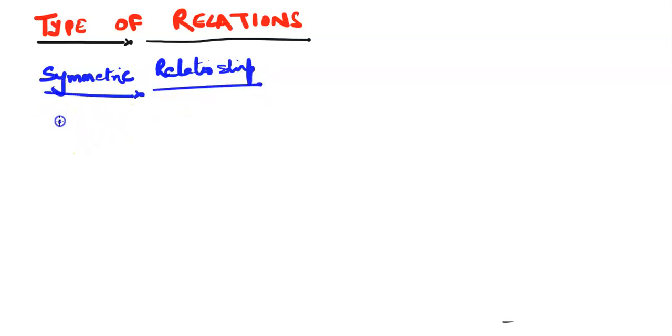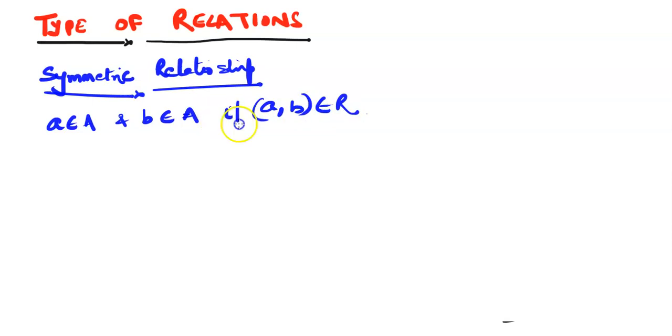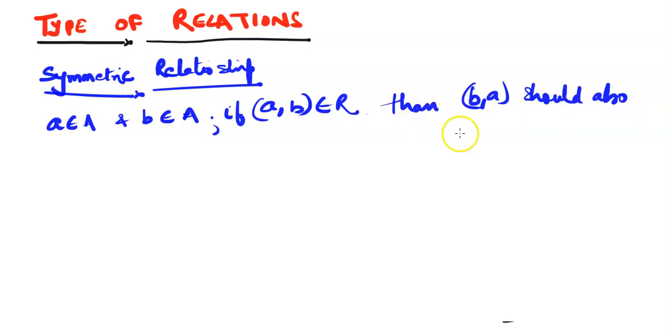That is, if there are elements such that A belongs to A and B belongs to A, if A comma B belongs to R, then B comma A should also belong to R. Then we call this a symmetric relationship.